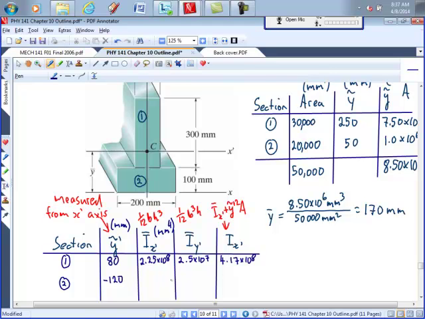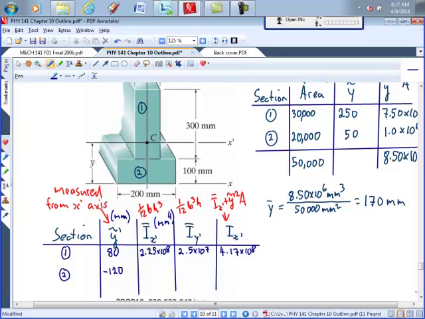Okay, and we're going to calculate these using the same formulas. So the 1/12 b h cubed. B is 200 this time, and H is 100. What did you get for the Y?